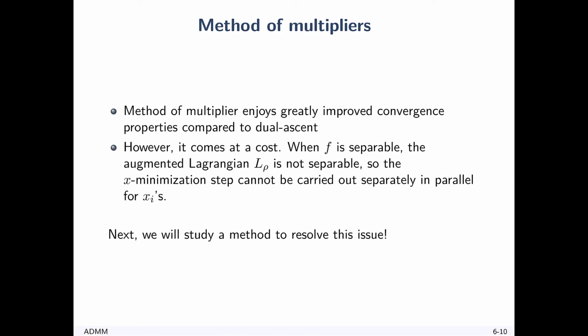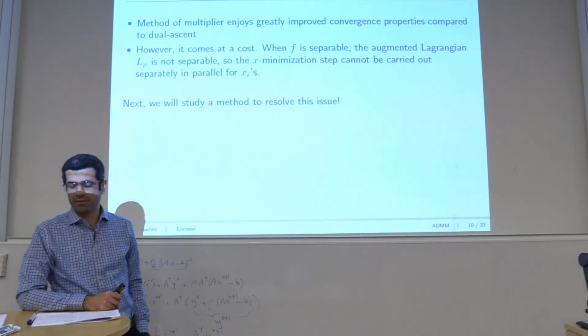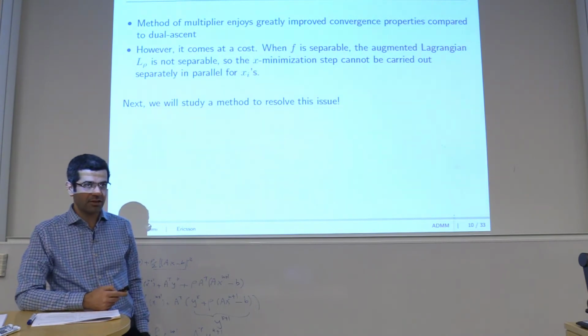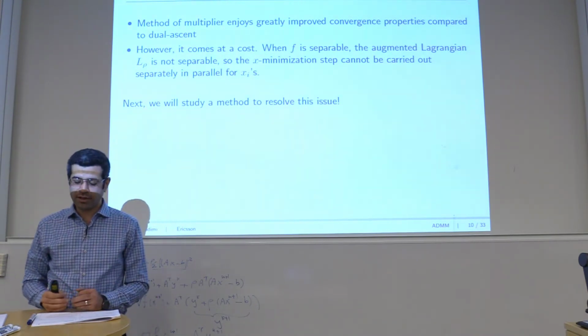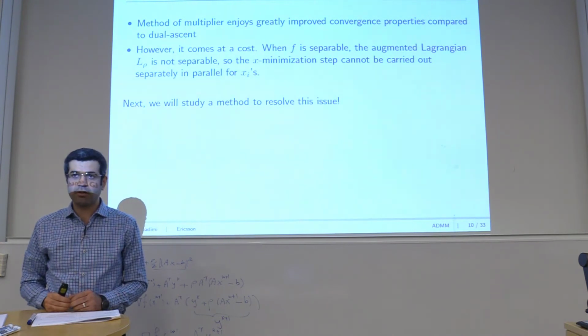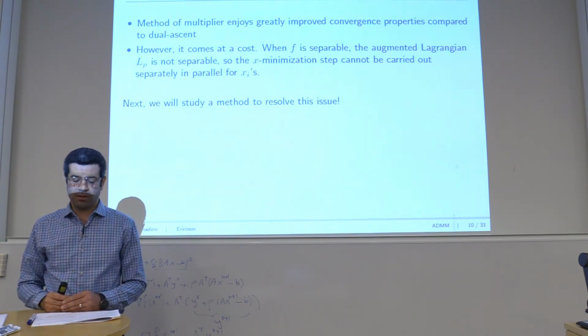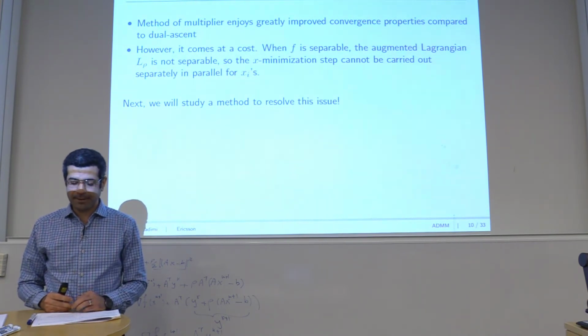So we already discussed that this method of multipliers improves the convergence properties compared to the dual ascent, but there is a cost, of course. There is always a cost to something good, and that is in the case that we want to have separable functions. Just because of adding this additional quadratic penalty, our augmented Lagrangian is no longer separable.